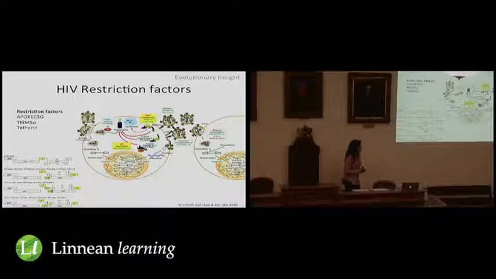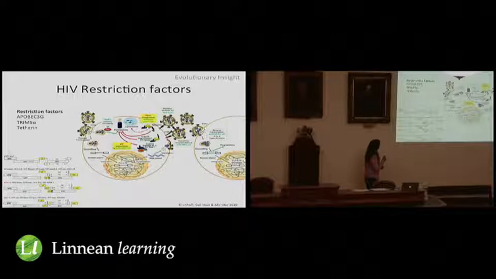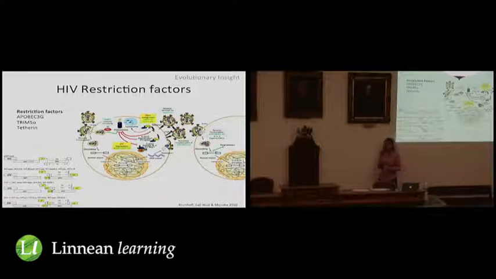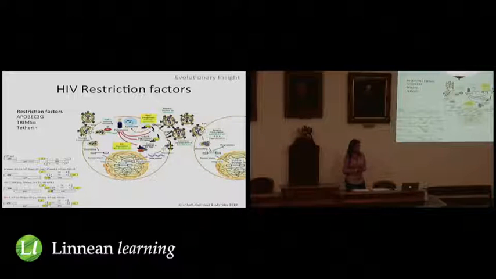So, HIV, does that have any restriction factors? If we look in the genome, what we find is that there are actually 3 genes that are associated with restricting HIV. You'll remember that I mentioned before that the old world monkeys are asymptomatic. They don't seem to suffer. HIV doesn't develop into full-blown AIDS in them, as it does with us.